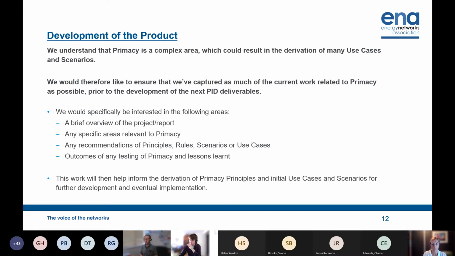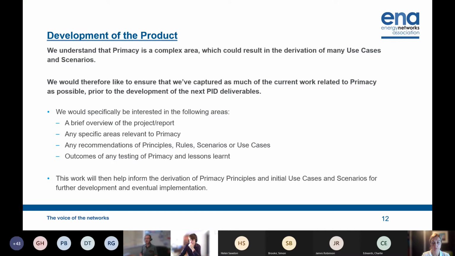So we're interested in any projects or pieces of work that have considered primacy specifically, and the areas that we're most interested in finding more information about are the brief overview of the project, what it was trying to deliver, the areas within that project that were specific to primacy, where it considered potential conflicts of services between either transmission and distribution or between parties within the particular project that was being considered.